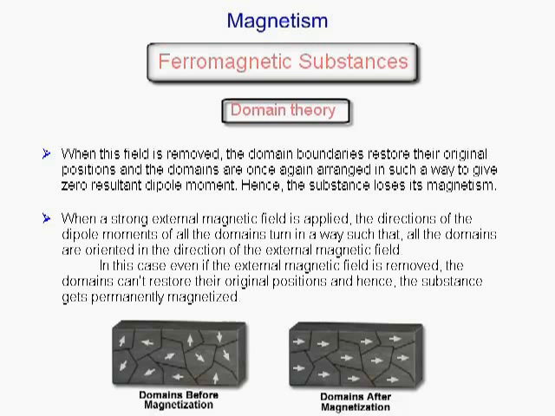When a strong external magnetic field is applied, the directions of the dipole moments of all the domains turn in a way such that all the domains are oriented in the direction of the external magnetic field. In this case, even if the external magnetic field is removed, the domains cannot restore their original positions and hence the substance gets permanently magnetized.